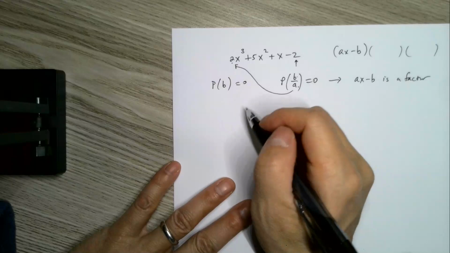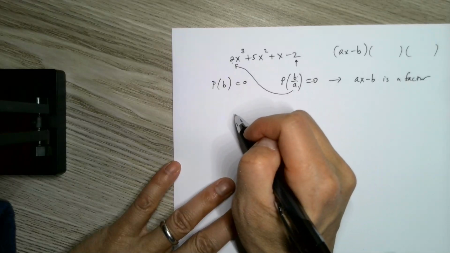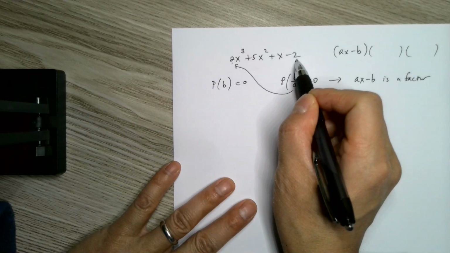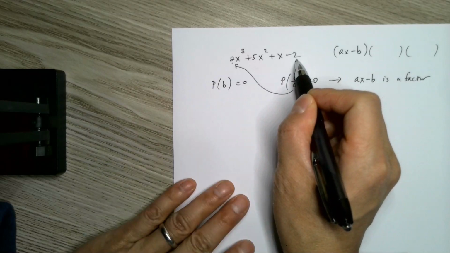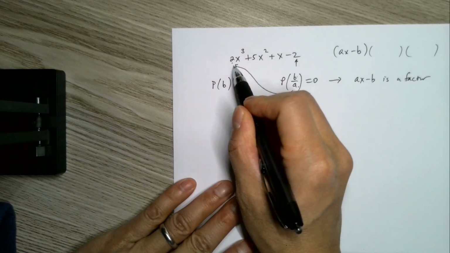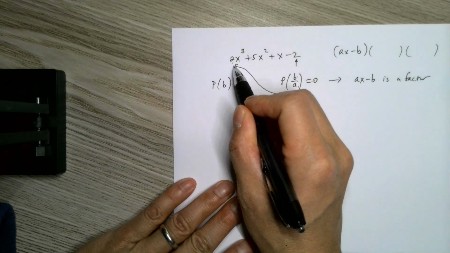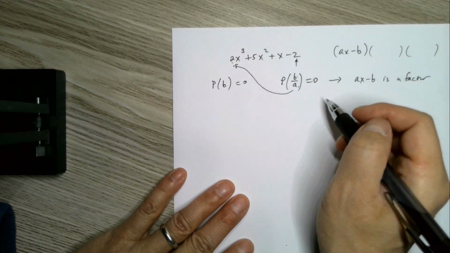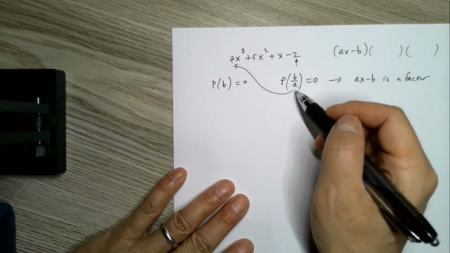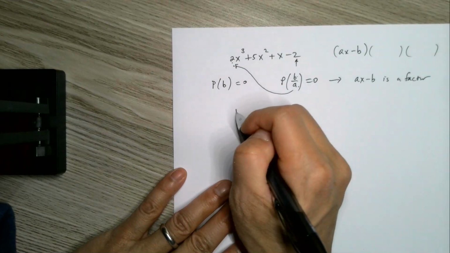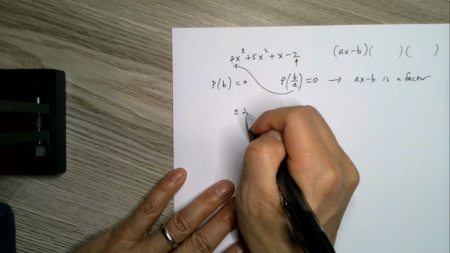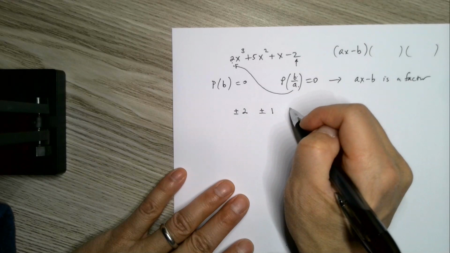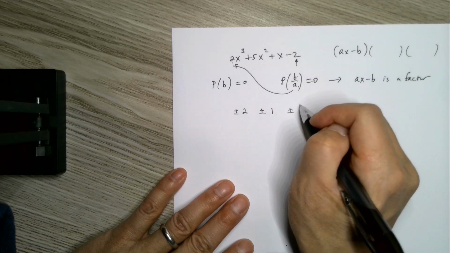So this is what I mean. The factors of this 2 are 2 and 1, positive and negative, and the factors here are also 2 and 1. So then all the possible b over a's that I can make are plus or minus 2, plus or minus 1, plus or minus 1/2.